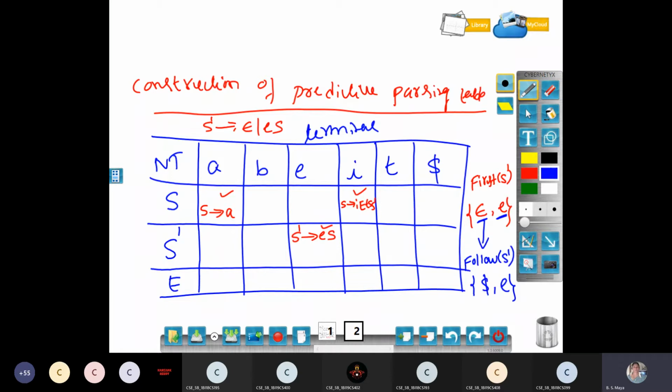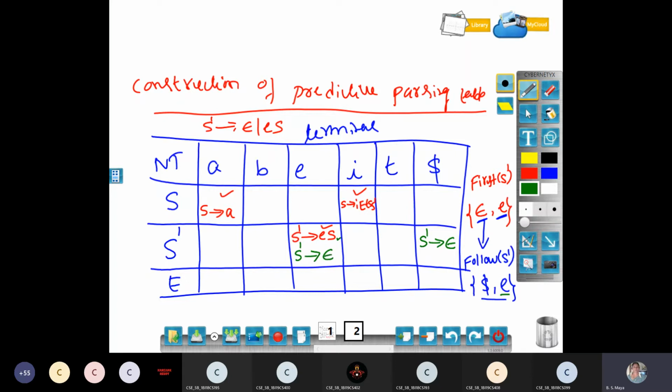As your algorithm says, whenever you get these two symbols, for those symbols you have to insert the production with epsilon. How to insert it? In the dollar space, S dash derives epsilon. And in the same way E is there. See, in E you already wrote one production, and now you are inserting another production, S dash derives epsilon.